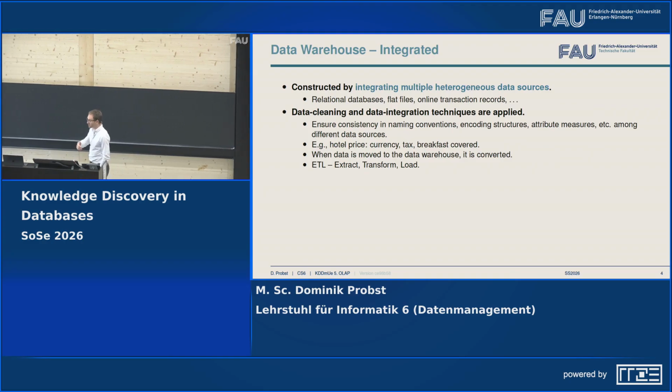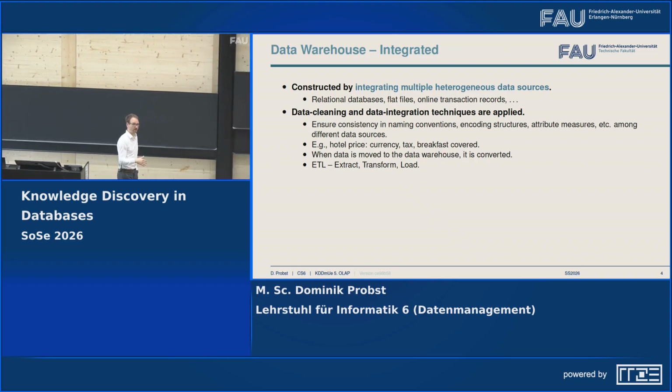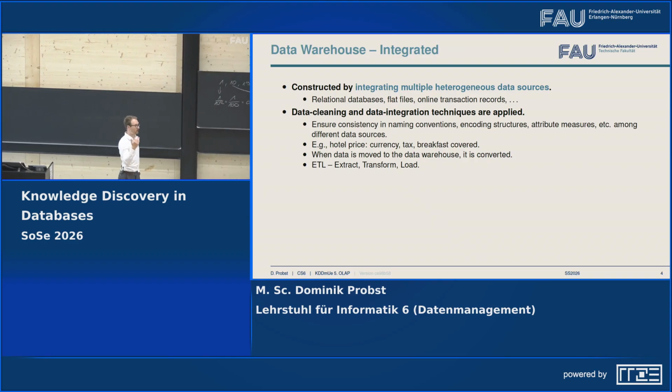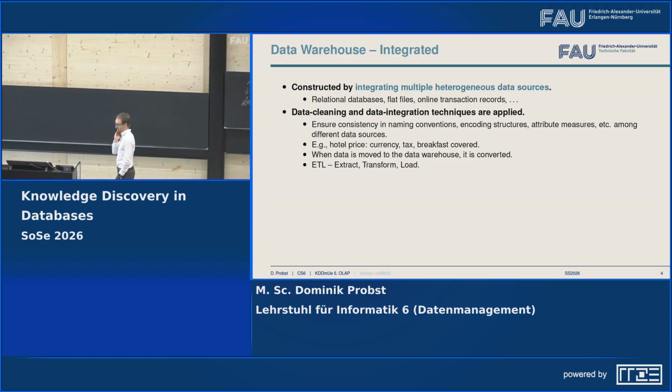We can also have Excel files we are using for the data warehouse. We can have PDFs that we are including information out of into our data warehouse. It doesn't have to be always relational databases. It can be heterogeneous sources.